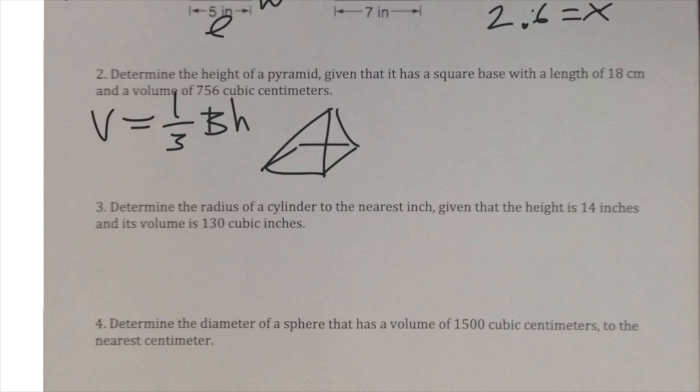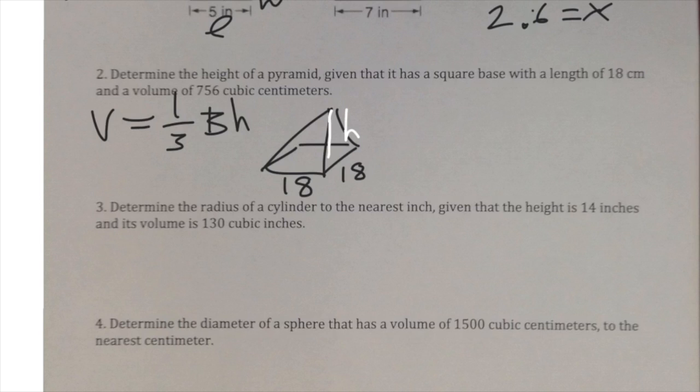And we know that it has a length of 18, so it must have a width of 18. And we're looking for how tall it is from the tip to the base. So we're looking for the height.